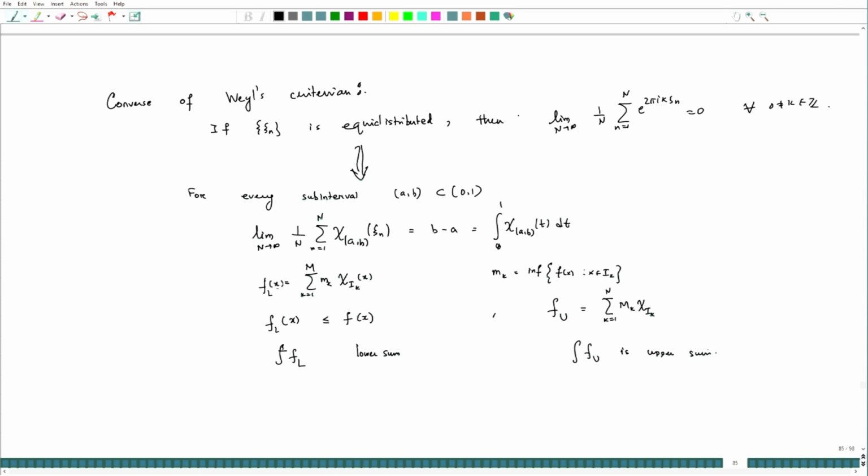Now, this is true for every subinterval a b.